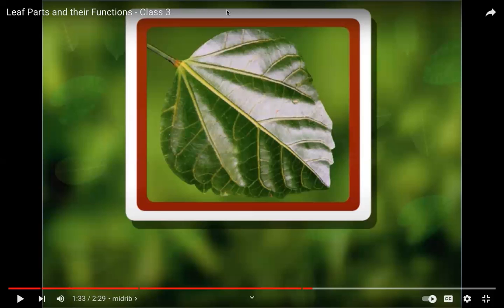The plant is green because it contains a green color substance called chlorophyll. Very good.